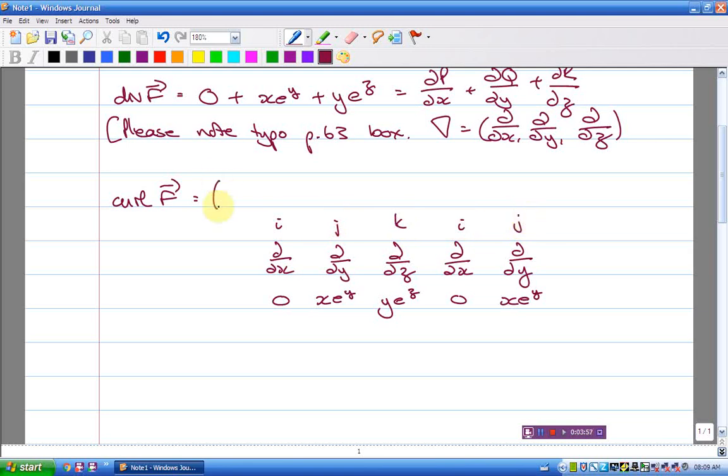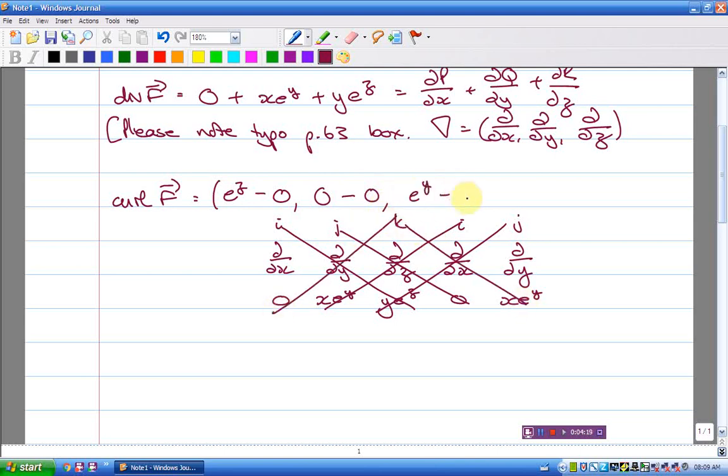All right, so what's curl F? It'll be d by dy of y e^z minus d by dz of x e^y. Then d by dz of 0 minus d by dx of y e^z. And then d by dx of x e^y minus d by dy of 0. There we go.